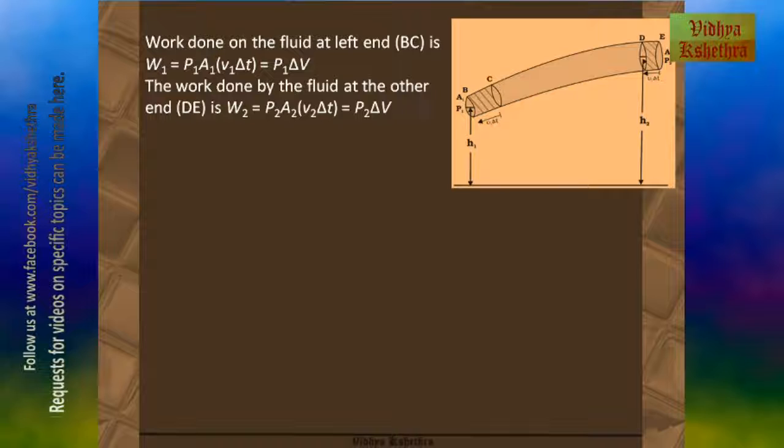Now the work done by the fluid at the other end DE is W2 is equal to P2 A2 into V2 delta T. That's equal to P2 delta V. Now the work done on the fluid is negative P2 delta V.